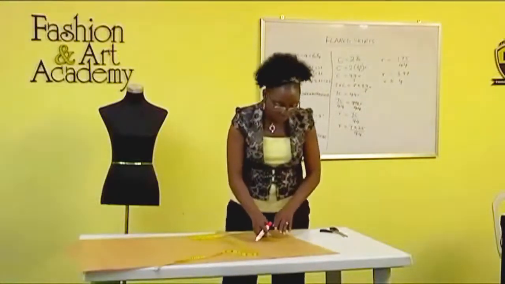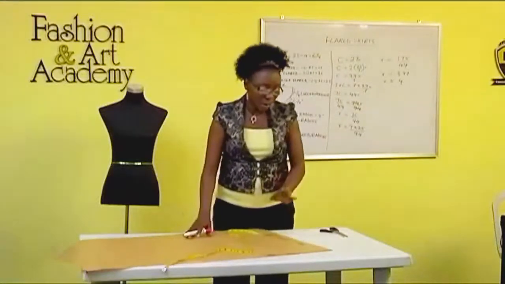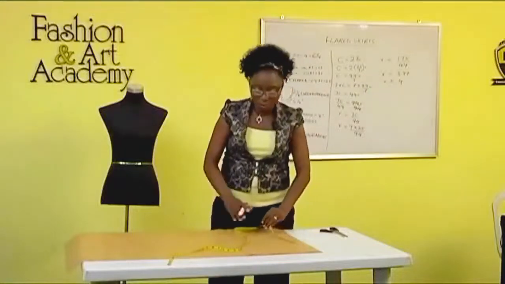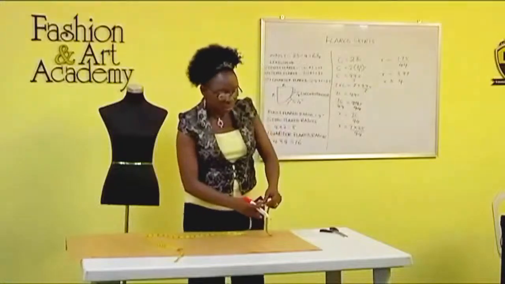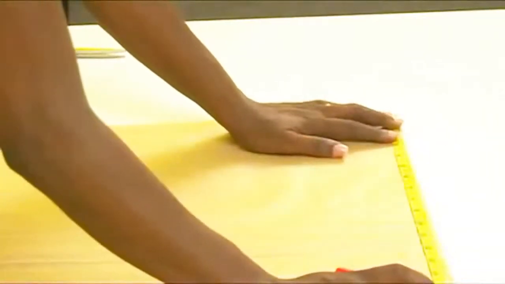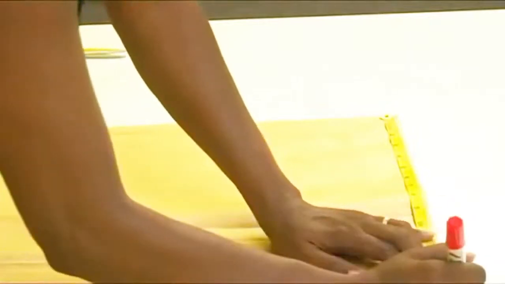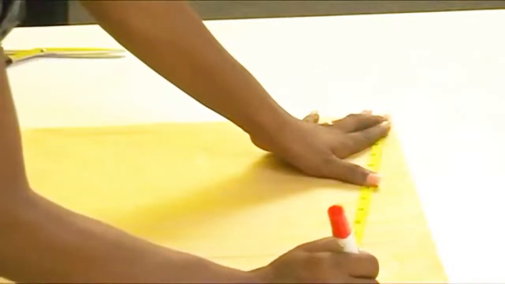Now I want to measure out my quarter flared radius. Now that is 16 inches. So what I need to do is just mark out 16 inches here. Same way I did the others, just mark it out, 16 inches like that.